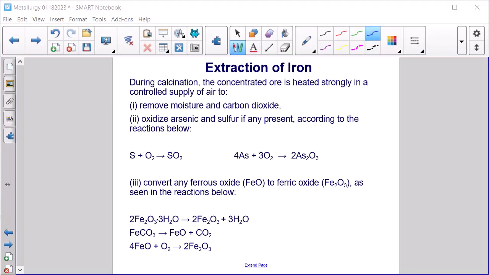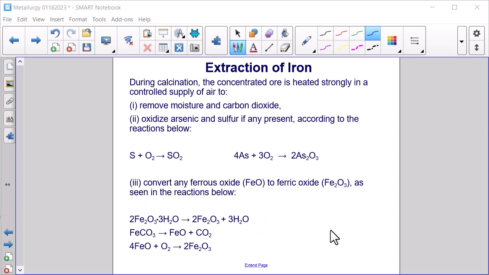During calcination, the concentrated ore is heated strongly in a controlled supply of air to: 1. Remove moisture and carbon dioxide, and 2. Oxidize arsenic and sulfur if any are present, according to the reactions below: the oxidation of sulfur and the oxidation of arsenic. And then 3.